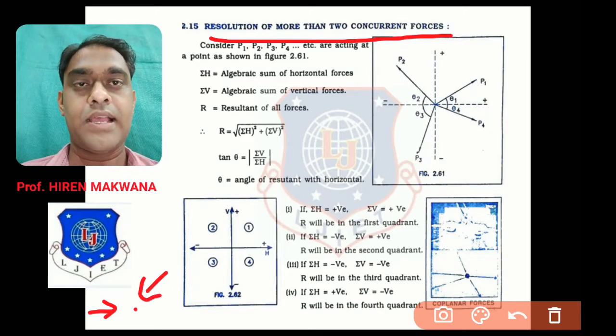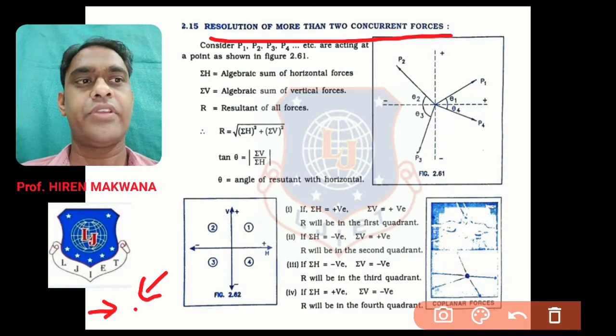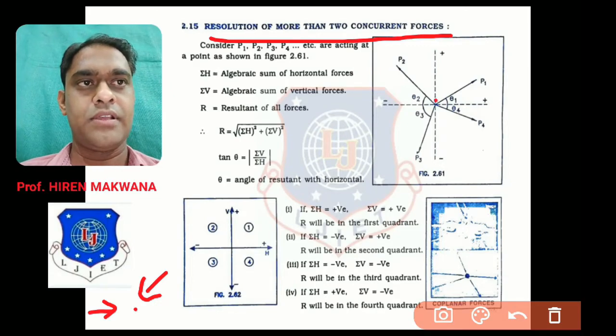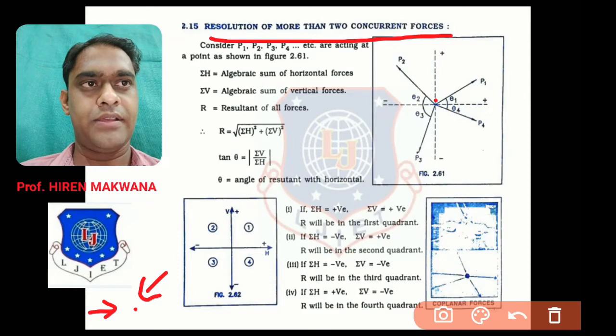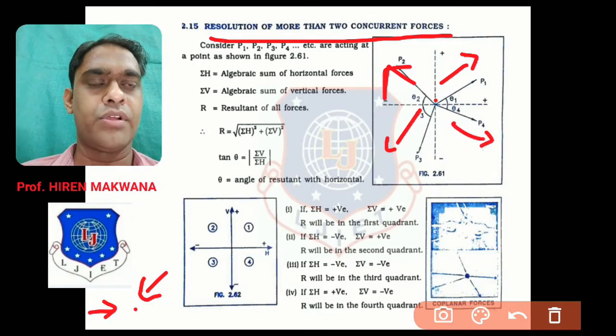But now at the same point more than two forces are also acting. See the figure. In this figure, at the origin there are number of forces acting. Force P1, force P2, force P3, force P4.